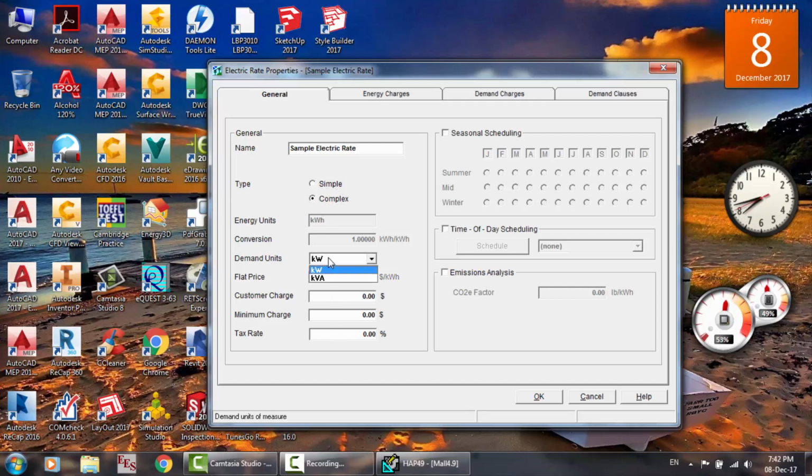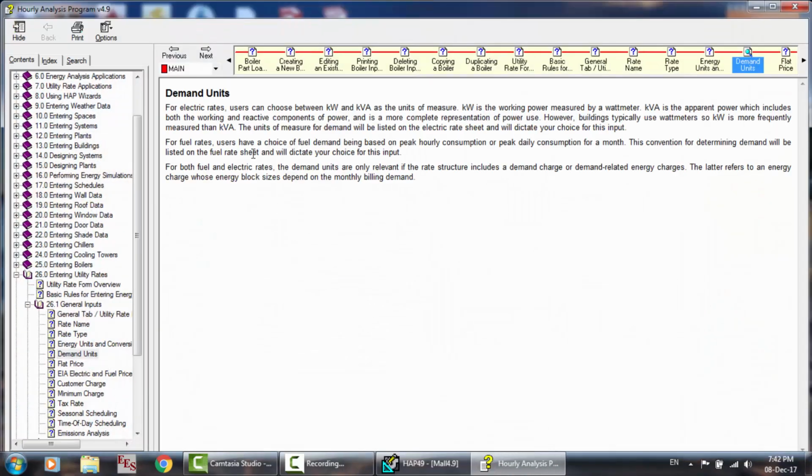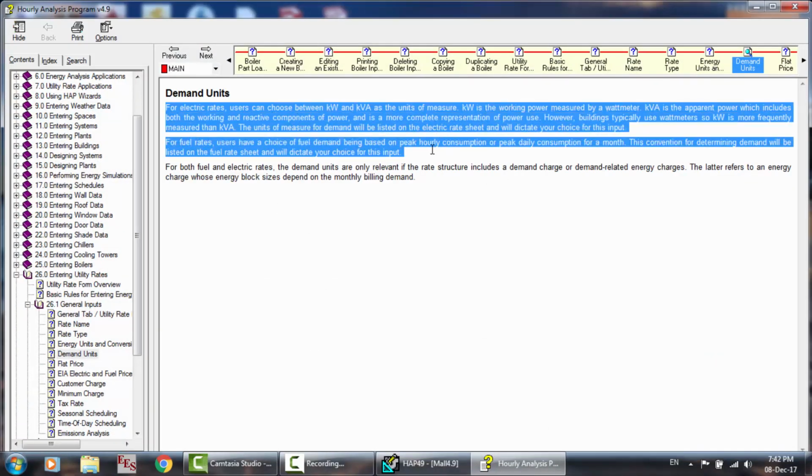You have to get the demand units in kilowatt or kVA. What does this mean? The demand units for electric rates: users can choose between kilowatt or kVA as the units of measure. Kilowatt is the working power measured by a watt meter. kVA is the apparent power, which includes both the working and reactive components of power.